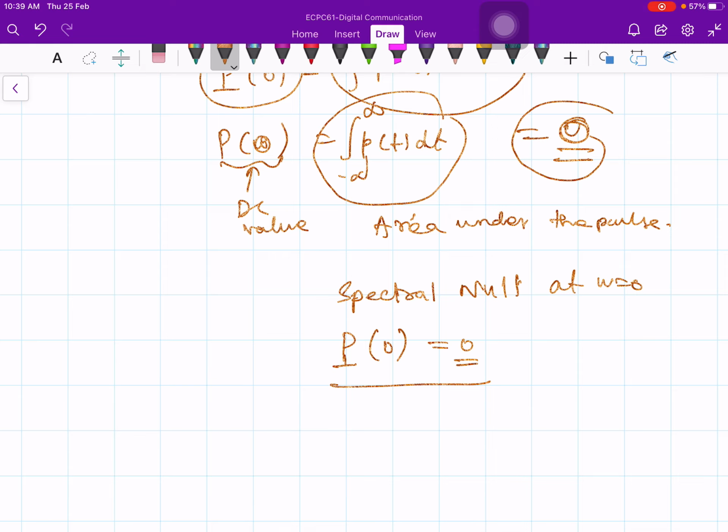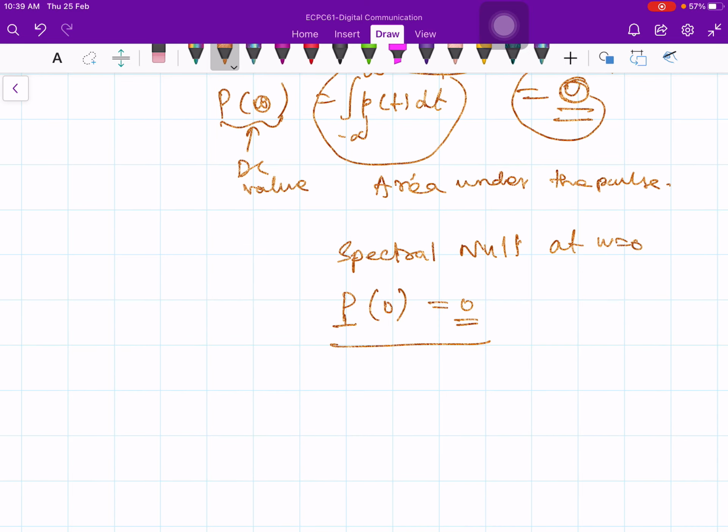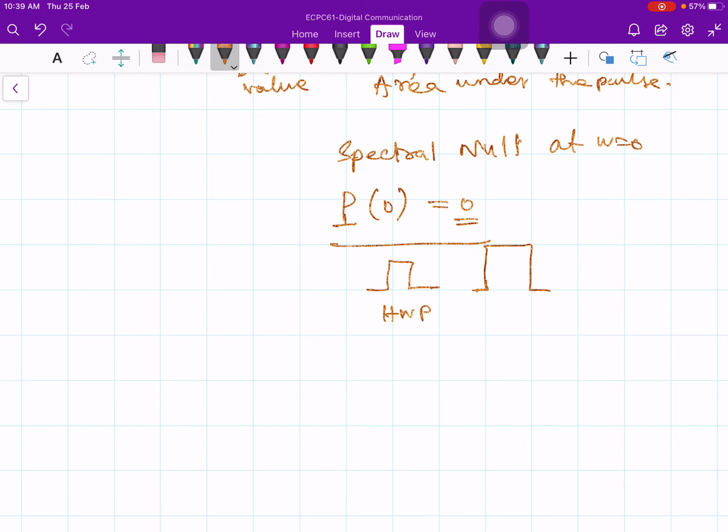Therefore, Manchester coding or split phase coding is one example of precisely this kind of coding. So here, this is my half width pulse, this is my full width pulse, right? See, this is the half width pulse and this one is the full width pulse.